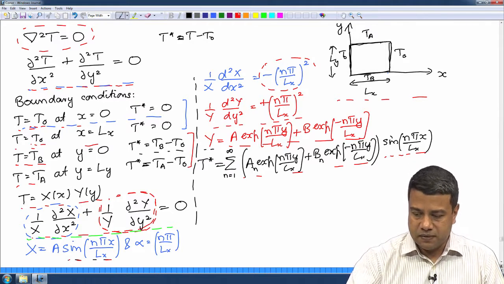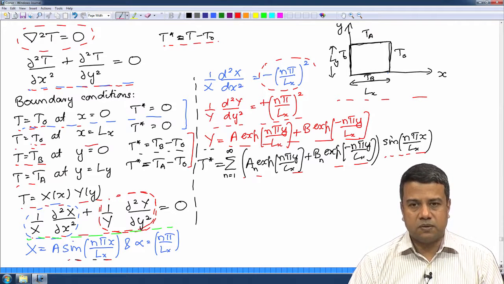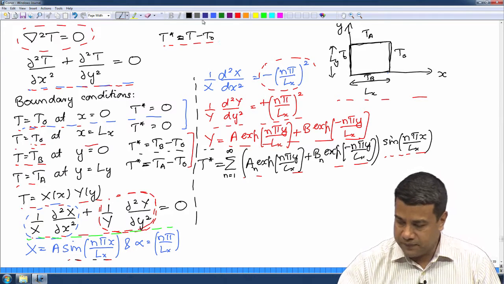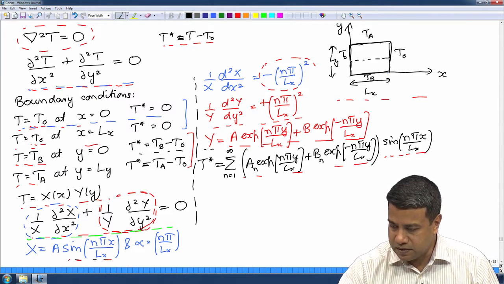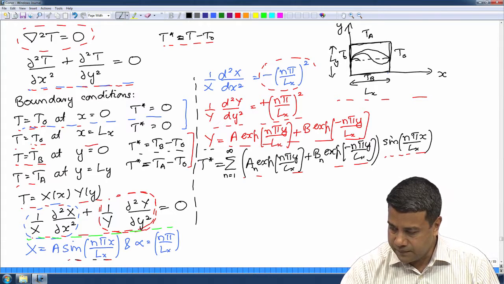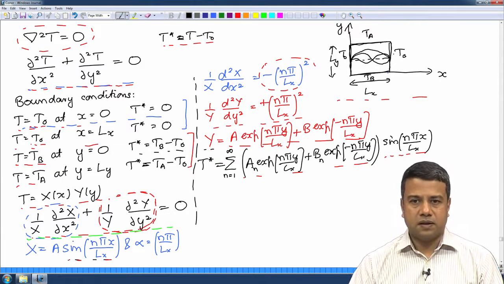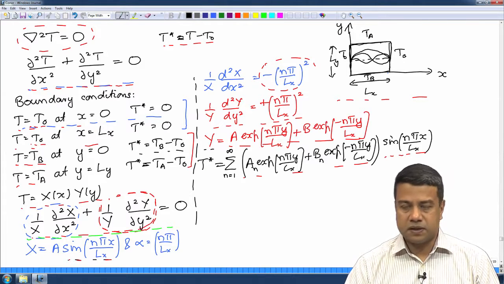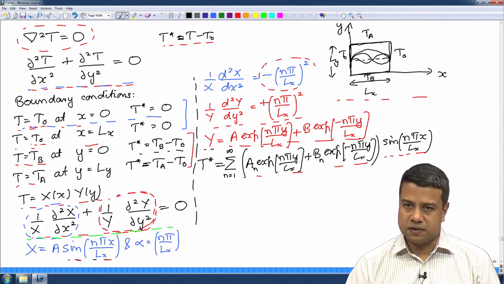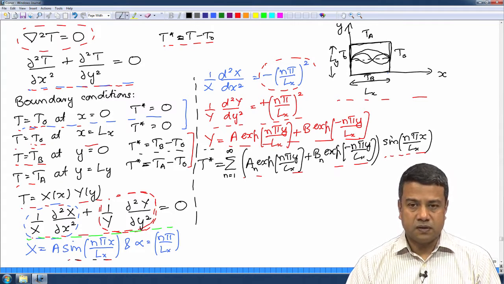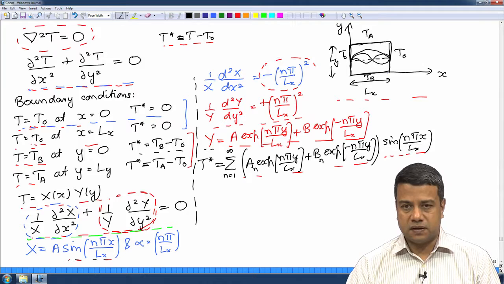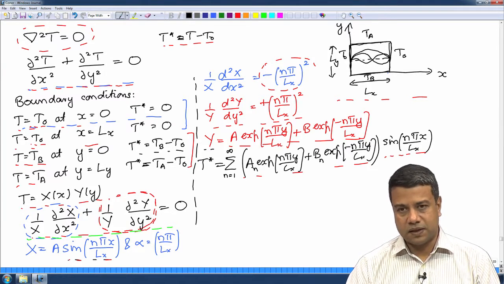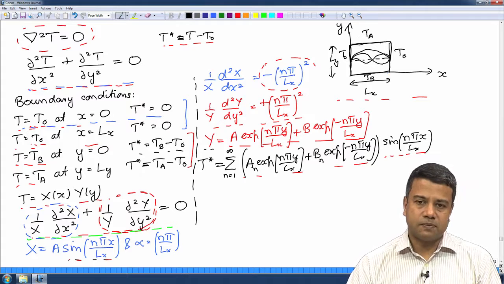In this particular case, when we had reduced the problem to a homogeneous problem in the x direction, we had got homogeneous solutions in the x direction which were all of the form of sine functions, of all orders all the way from 1 to infinity. And we had expressed the temperature as the summation of these sine functions with some prefactors, some constants a n. Those constants were determined from the initial condition or the boundary condition in the y direction. So, I had shown you how to do that step by step.